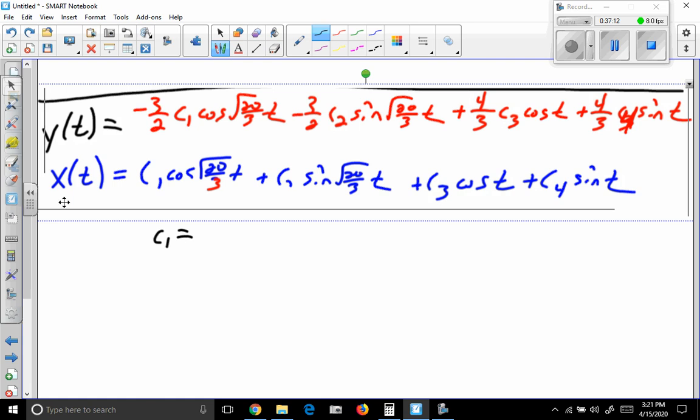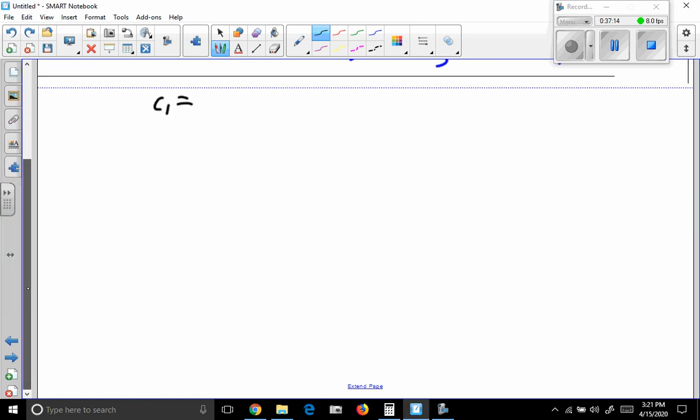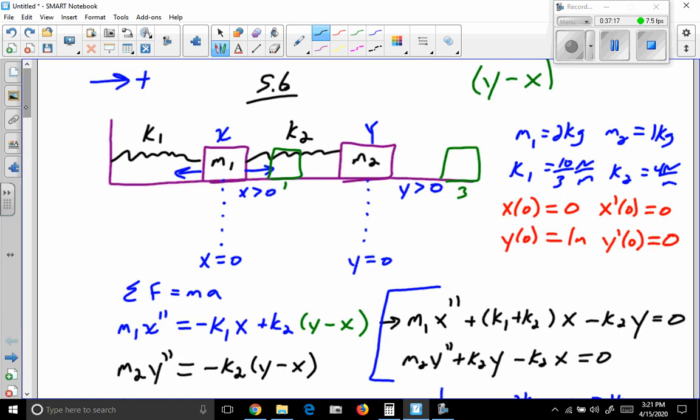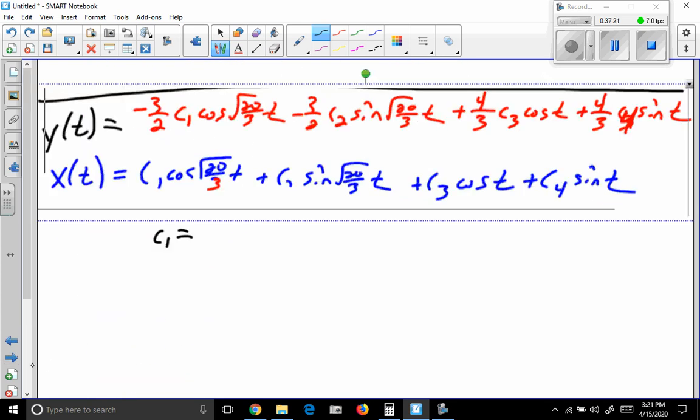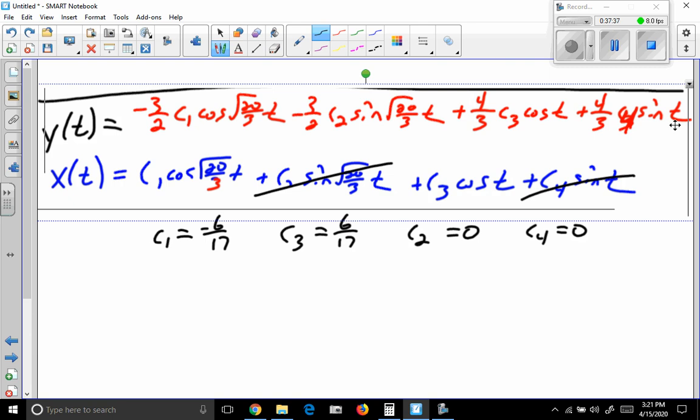So C1 is negative 16 over 17. C3 is 6 over 17. C2 is 0. C4 is 0. So everywhere we have a C2 and a C4, those are gone.